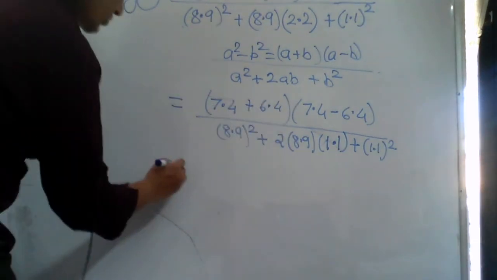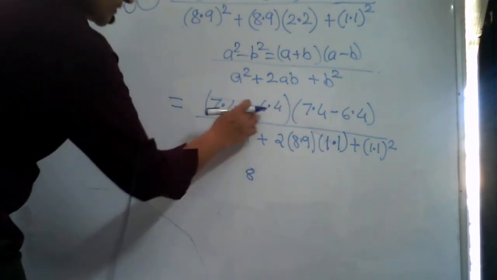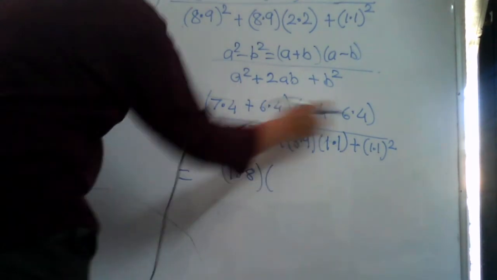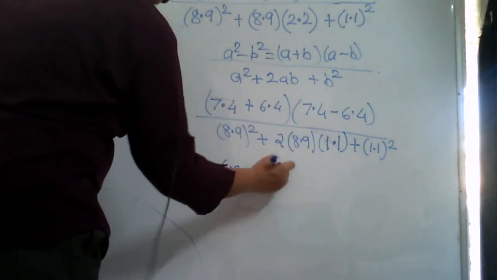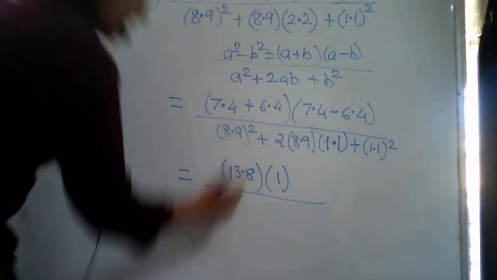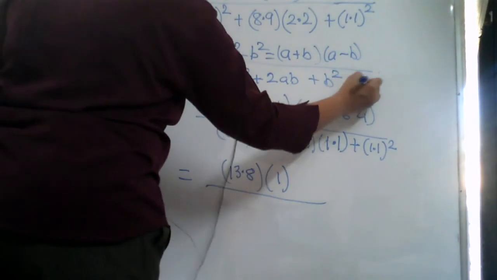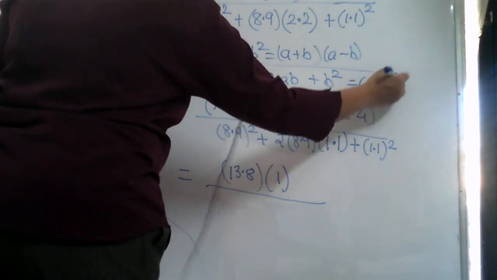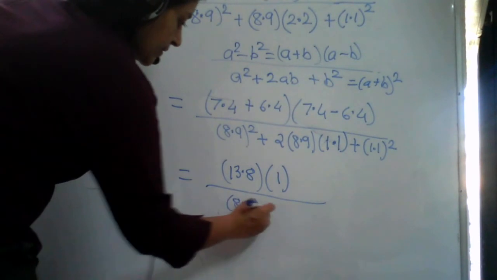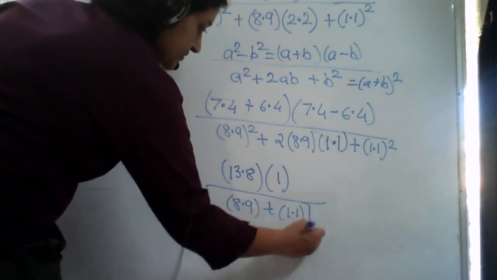So if this is so, now let us calculate this. 7.4 plus 6.4 is 13.8 into, if I subtract this, what will you get? 1. 7.4 minus 6.4, upon, now here what is the expansion of this one? What should we have it as? A plus B bracket raised to square, means first term 8.9 plus 1.1 bracket raised to square.